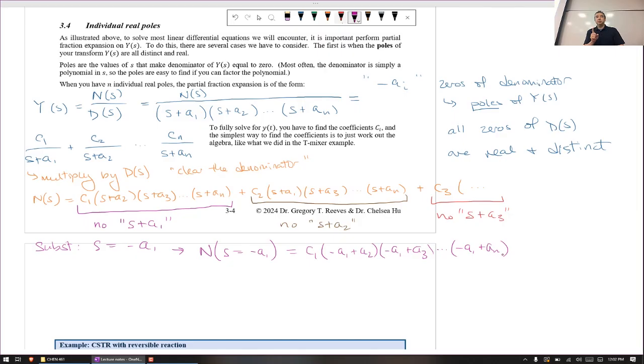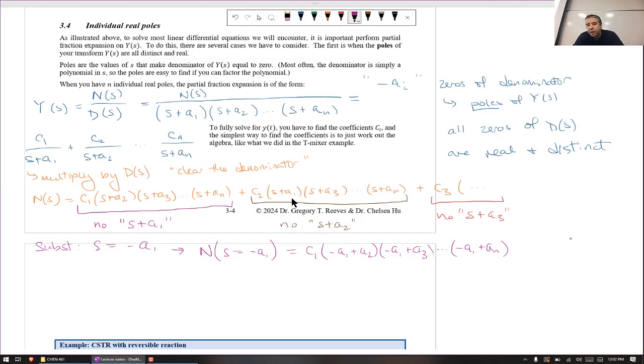That's the first term, and that's the only term that's left, because every other term here has an s plus a1, and so every other term becomes 0. So if I substitute in the right value of a, then I isolate just c1.